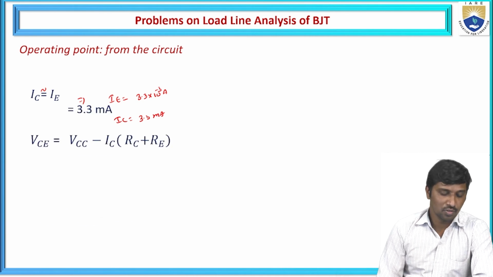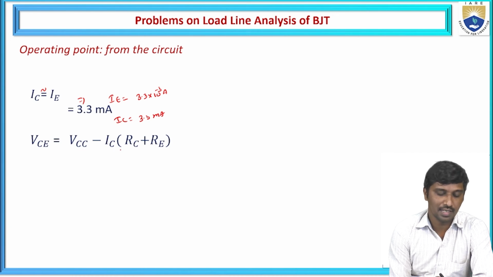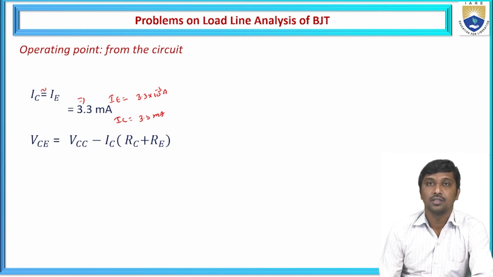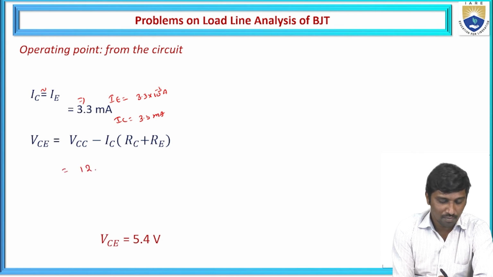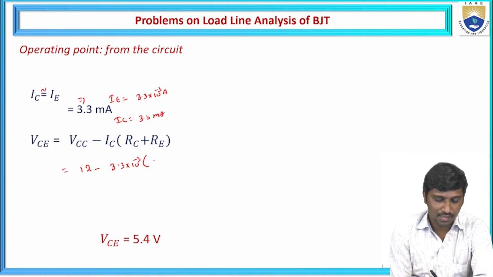Now again from the output side, we calculated VCE is equal to VCC minus IC times (RC plus RE). So we can substitute the VCC value 12 minus the IC value 3.3 into 10 to the power of minus 3, and RC is 1 kilo ohm plus RE is also 1 kilo ohm.